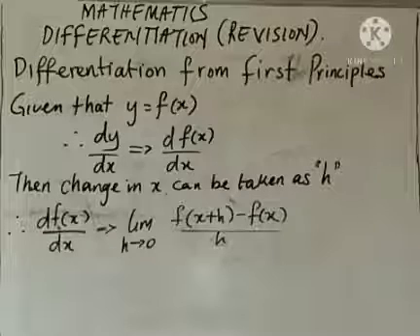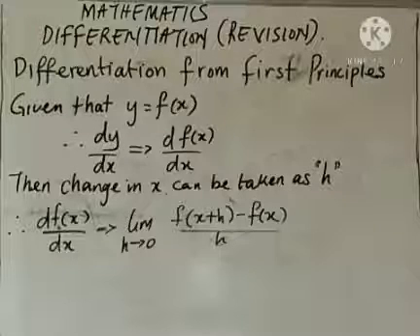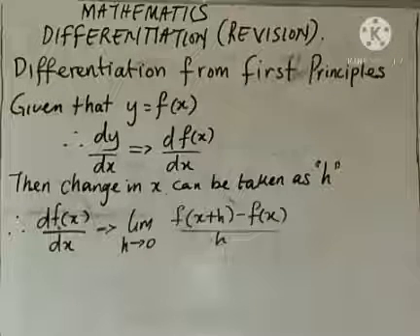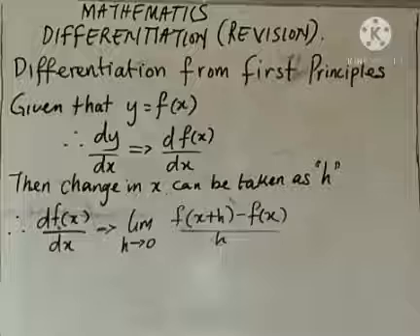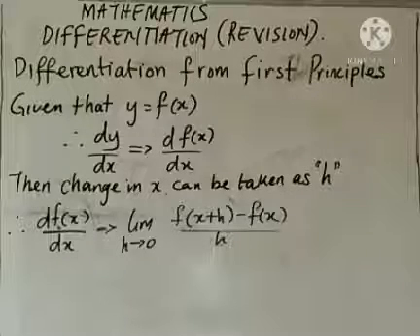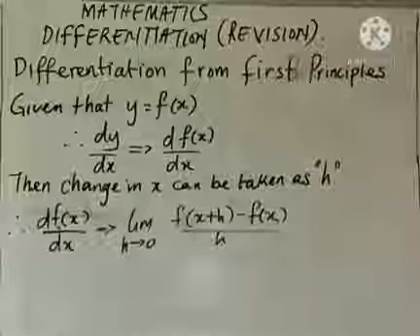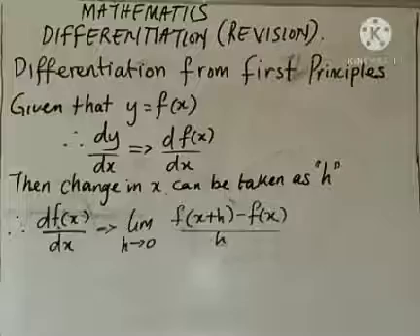Meaning, we consider the addition of change in x to the equation of x, then we take away the function of x, which is the equation of y, limiting our h to 0. So we have the limit as h tends to 0 of f of x plus h minus f of x, all over h. Now, let's take an example of this.